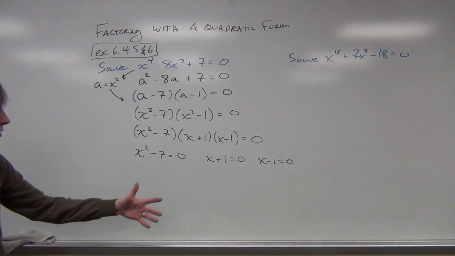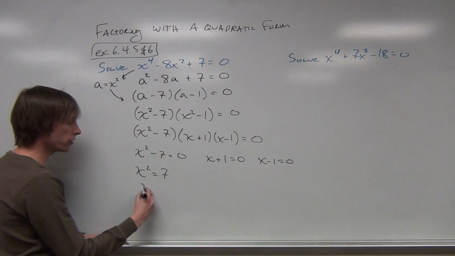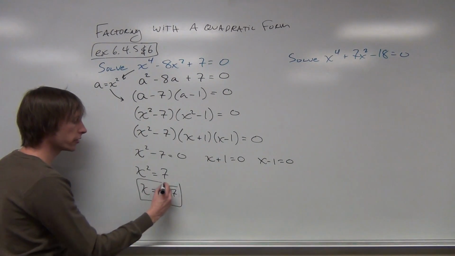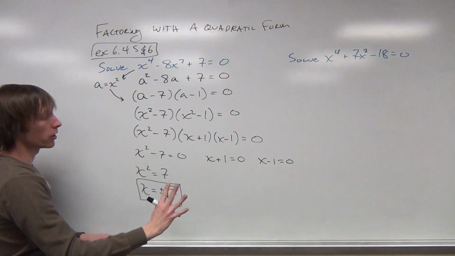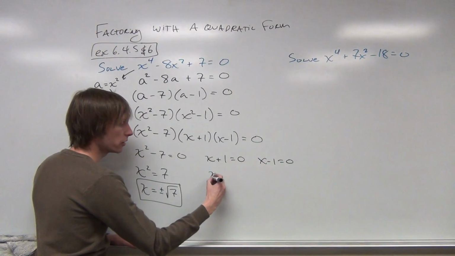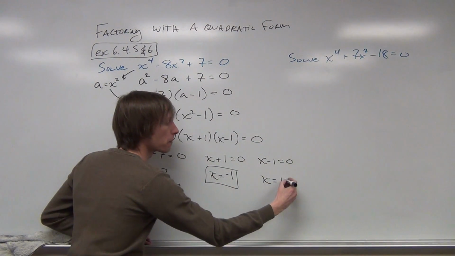Each of these equations is relatively easy to handle. Add 7 on both sides, take the plus or minus square root on both sides, and I get x is positive or negative radical 7. That's 2 of my 4 solutions. Here, subtract 1 on both sides. Here, add 1 on both sides.